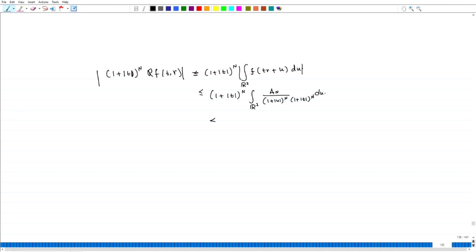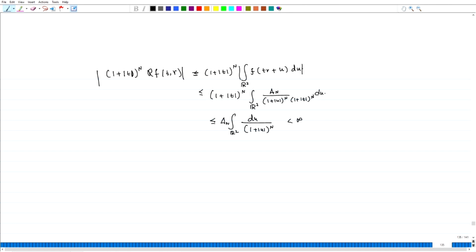So, this is less than or equal to a n times the integral of du by 1 plus mod u to the power n, and for large n this is finite, which is independent of t.